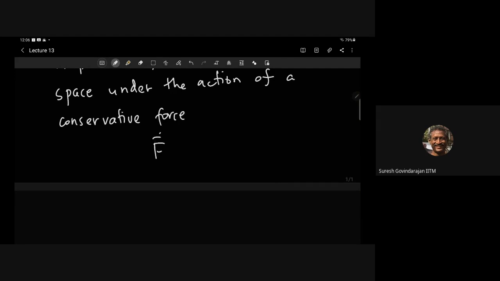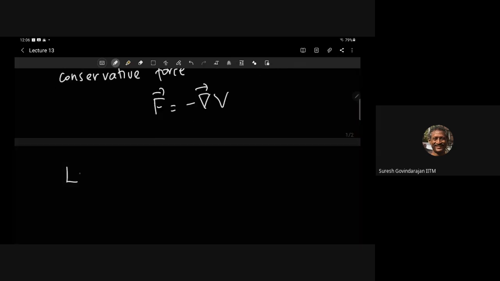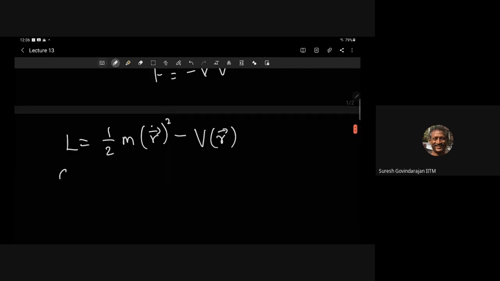So this force is minus the gradient of some potential. So the Lagrangian for this system, okay, so this is a general case. Now we'll specialize.